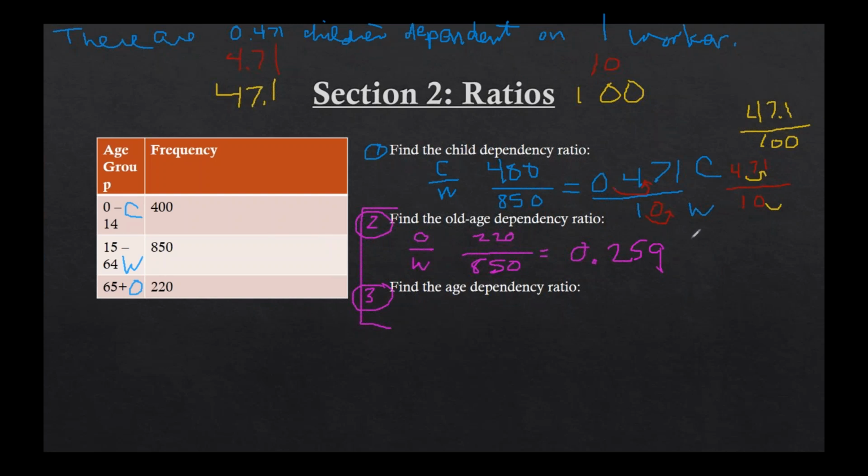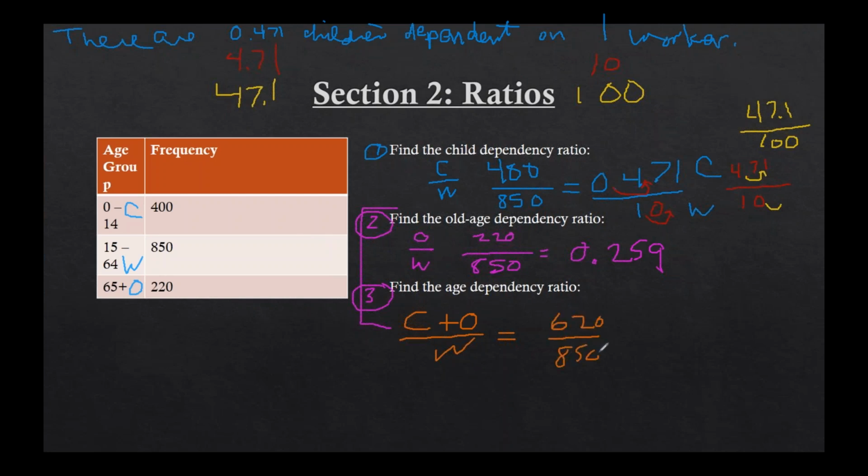All right. Excellent. And now let's go ahead and jump down to age dependency. So now we have the children plus the old people divided by the workers. Can I get a fraction, please? 620 over 850.